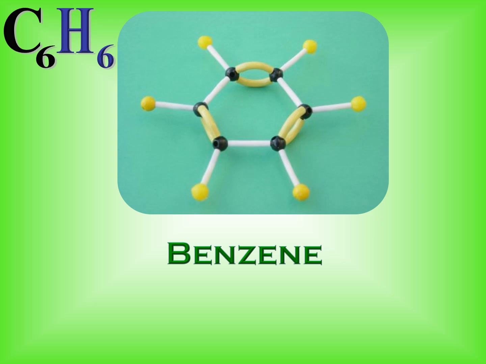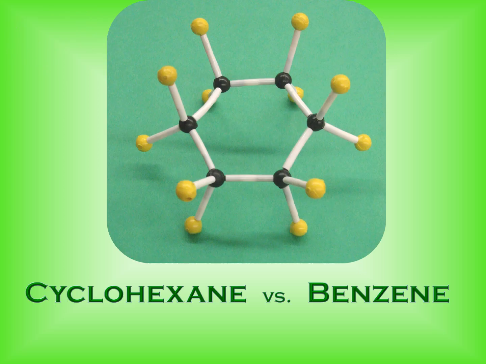The model looks something like this. Now notice the double bonds. Well, because double bonds can't really exist between 2 carbons and not between the next 2 carbons, they're in resonance. So it's really something in between a double and a single bond alternating back and forth. But notice that each carbon, because of those double bonds, only has 1 hydrogen attached, which is very different than what we saw in cyclohexane. So let's see the difference for comparison.